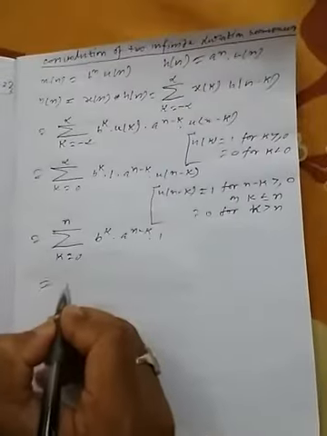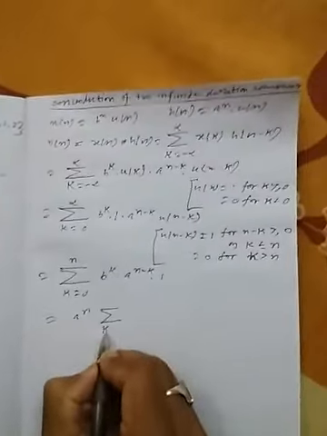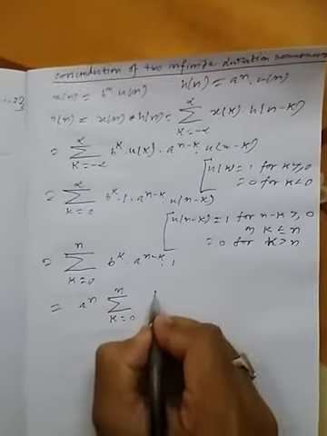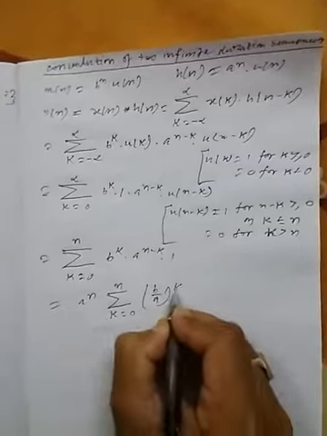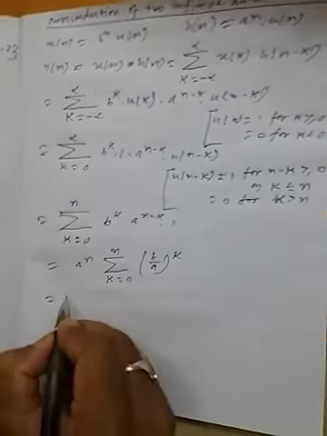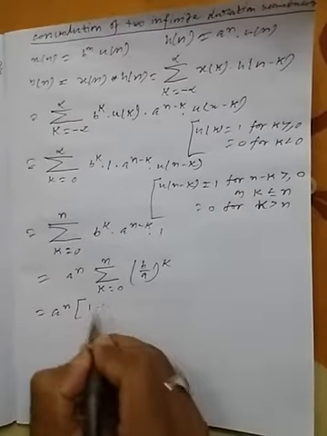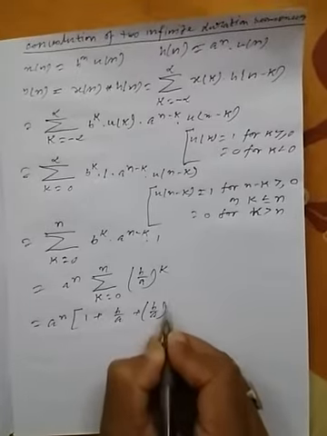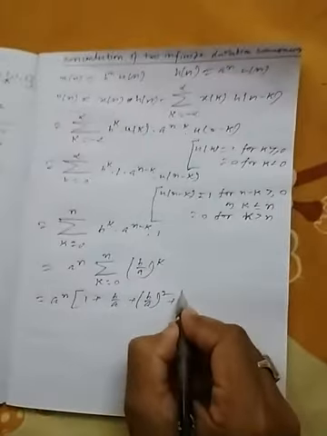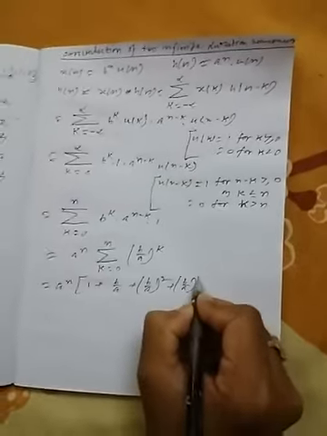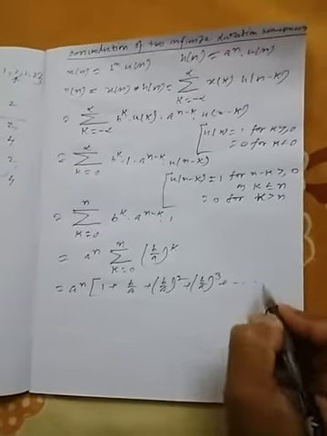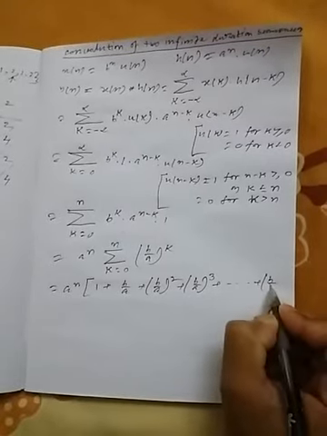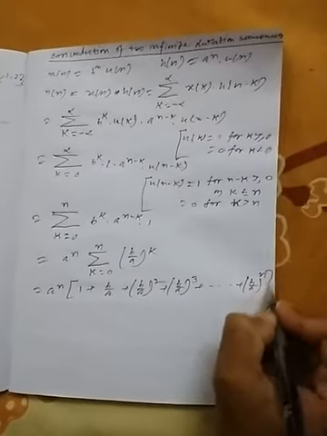Now here a^n is constant, so we can write a^n, summation of k equal to 0 to n (b by a)^k. Now this will be equal to a^n times 1 plus b by a, plus (b by a) whole square, plus (b by a) whole cube, up to plus (b by a) to the power n.